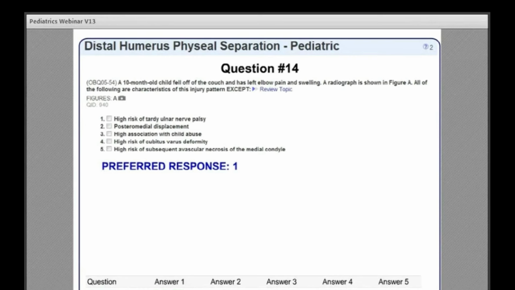So the preferred response is 1. There's a lot of disparity in how this question was answered, and I think that there may be some more information that will be discussed later on about this question.